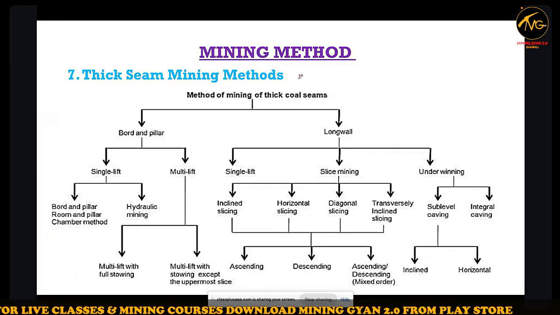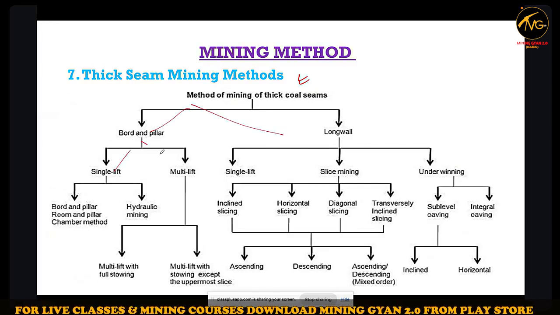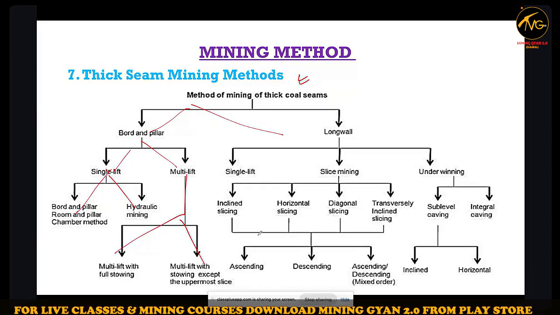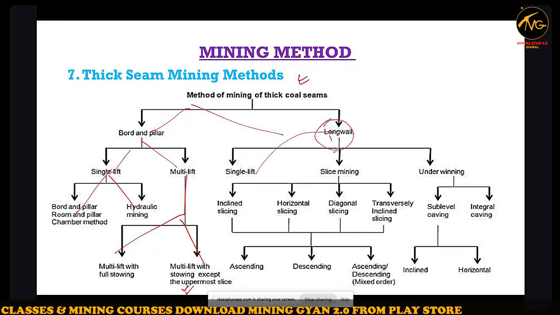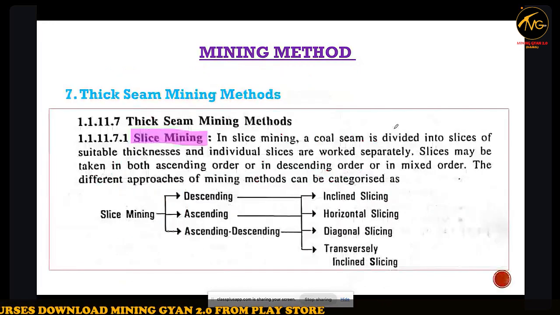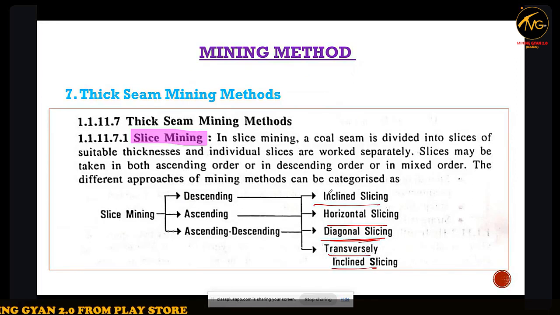Then we have seen thick seam methods: board and pillar, and long wall, single lift, multi lift, single lift with board and pillar, and hydraulic mining, multi lift with stowing, and multi lift with stowing except uppermost slice. Then long wall, single lift, slice, and undermining.